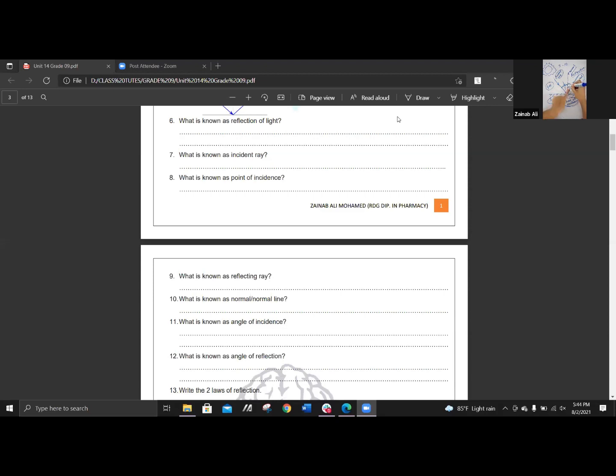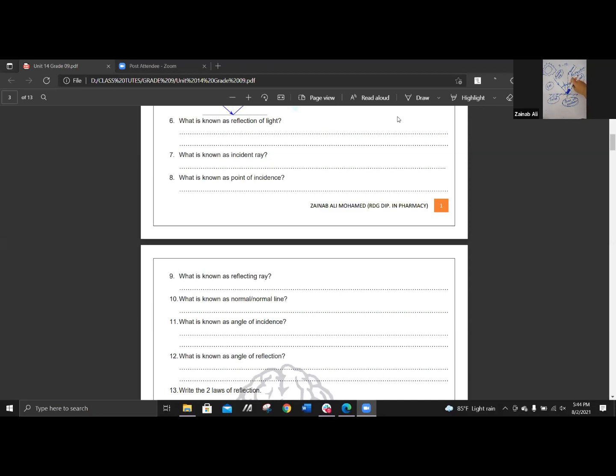The angle between the normal drawn to the point of incidence and the reflected ray, you call it angle of reflection. So what is angle of reflection? The angle between the reflected ray and the normal drawn to the point of incidence.